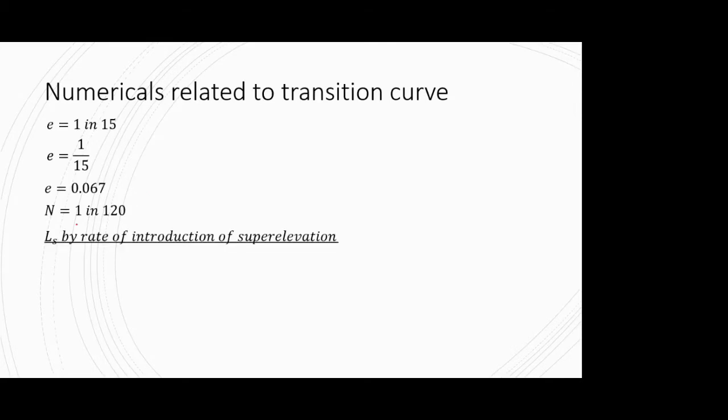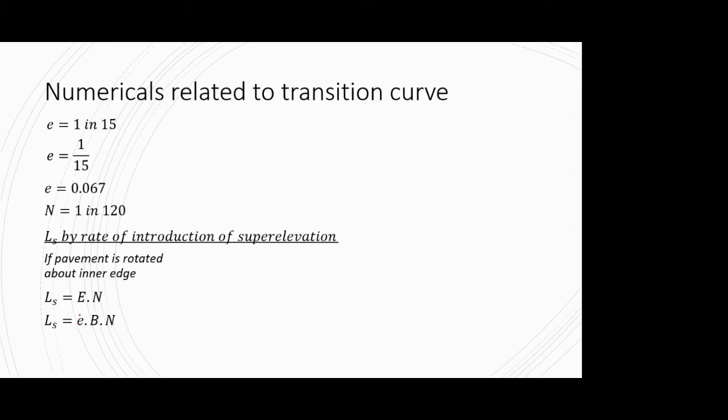Now, if I consider this case, the length of transition curve Ls by the rate of introduction of superelevation, then obviously the first case will be if I rotate the pavement about the inner edge. So for that I have the formula Ls is equal to capital E into capital N, and capital E is nothing but small e into b, where small e is the superelevation in decimals and b is the pavement width and N is the rate of superelevation.